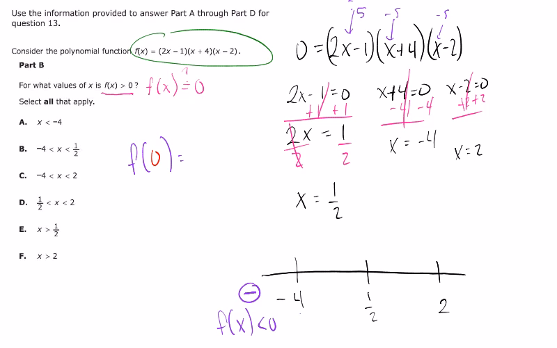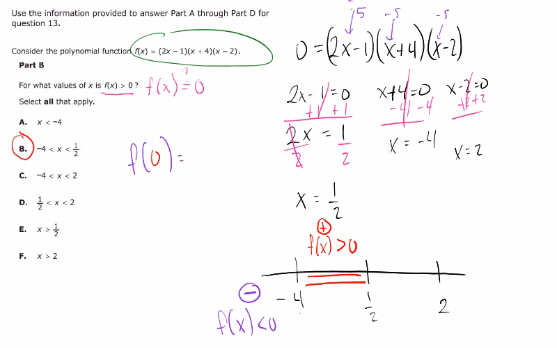So that means that f of x is greater than 0. It's positive, in other words, in this interval. So this interval right here is one of the ones that we're wanting to use. So from negative 4 to 1/2, like part B says, f of x is greater than 0.